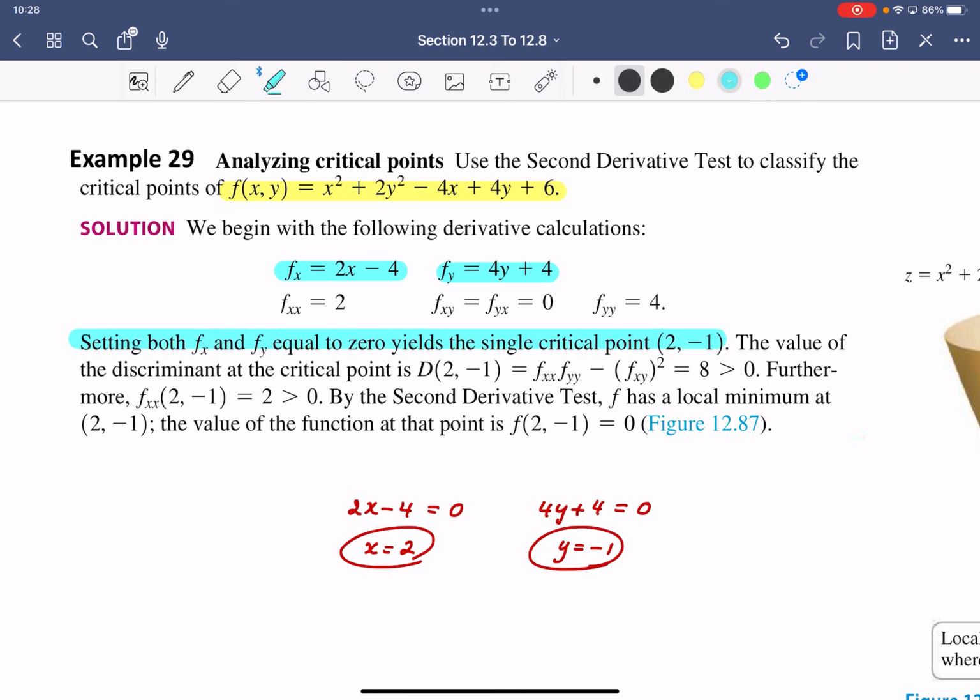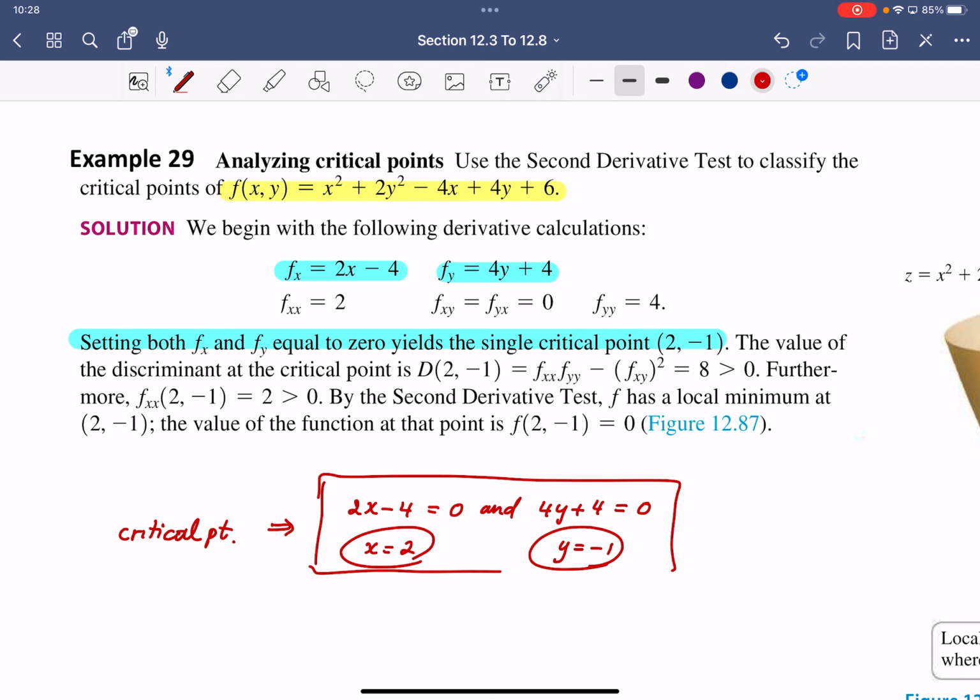Does it make sense? Once you have your critical point, you want to know if it is a max or min. You find the critical point by solving these two equations together.